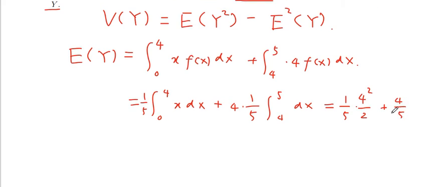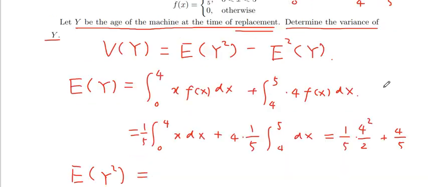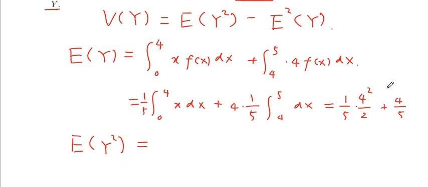Then we also need to find Y squared. When X is between 0 and 4, Y is just equal to X, so Y squared equals x squared, times f(x) dx.